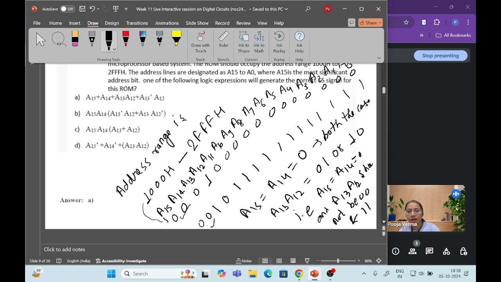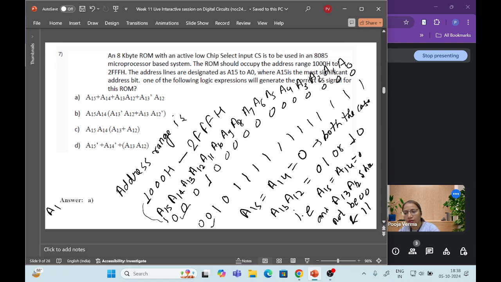We can write it in a different way also, but A15 plus A14, plus A13 and A12 should not be 0, 0 or 1, 1. So 1, 1 is represented by A13 A12, and 0, 0 will be represented by A13 dash A12 dash.